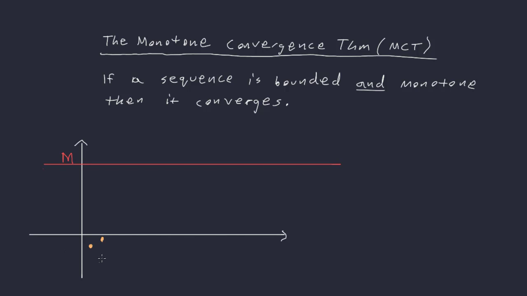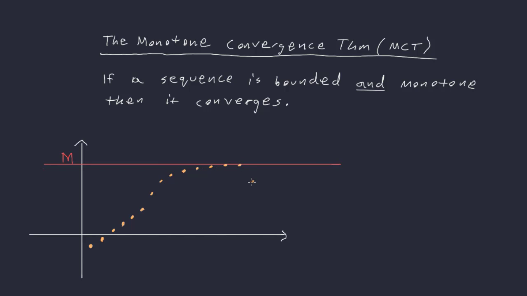But if it's monotone, that means every next step of the sequence has to live above the previous one. Even if we have a pretty steep jump at some point, if it is going to be both bounded and monotone, then the only way we can make that happen is if it gets closer and closer to this line and essentially gives us a horizontal asymptote. Because if I jump above this line, well then the sequence is no longer bounded.